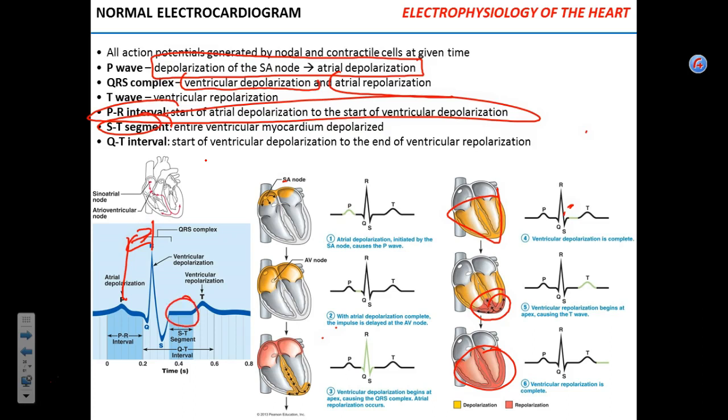ST segment reflects the time during which ventricular walls are depolarized completely, how long contraction lasts. And then the QT interval. That's the whole period from the beginning to the end of depolarization.